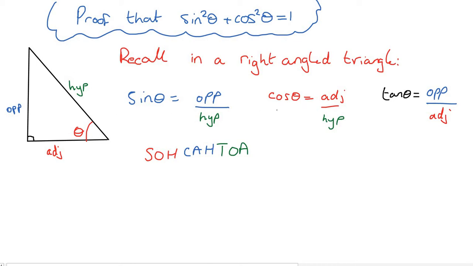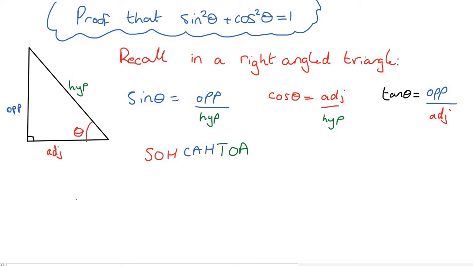Cosine of theta is defined as the adjacent, so that's the line right next to the angle, divided by the hypotenuse. And finally, tan theta is defined as the opposite over the adjacent. In actual fact, tan theta is sine theta over cos theta, but we don't need to worry about that too much for now.